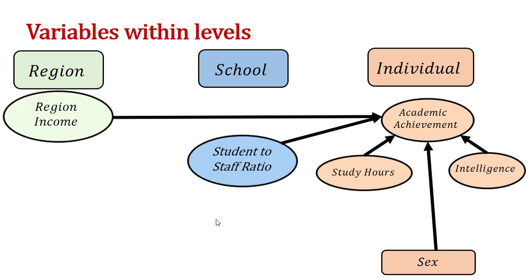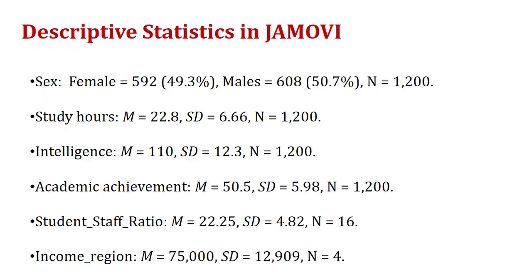Okay, so first of all, let's look at some descriptive data. That's the data that we obtained with Jamovi. So we are going to use Jamovi, and I show you how we get the descriptives.